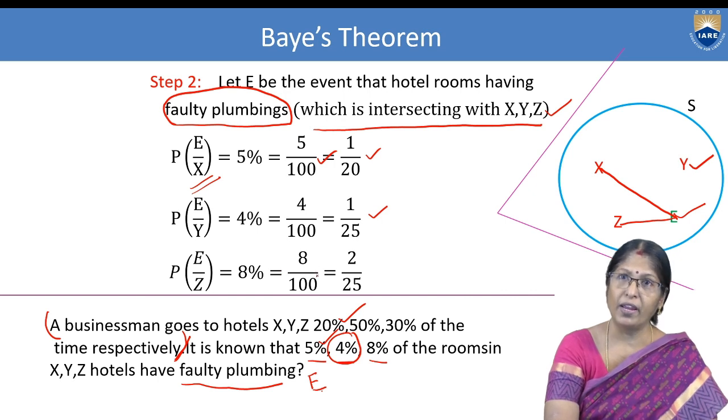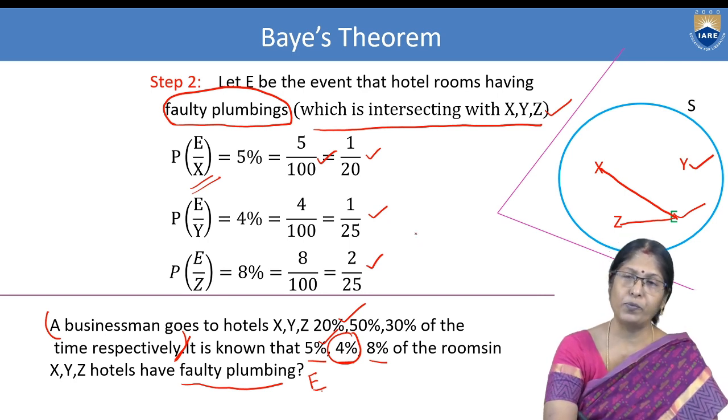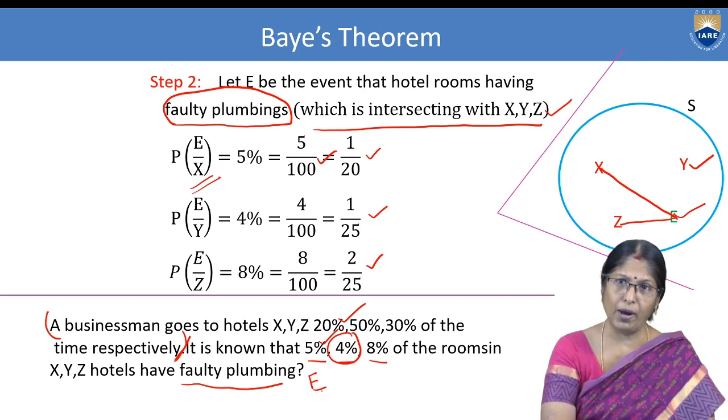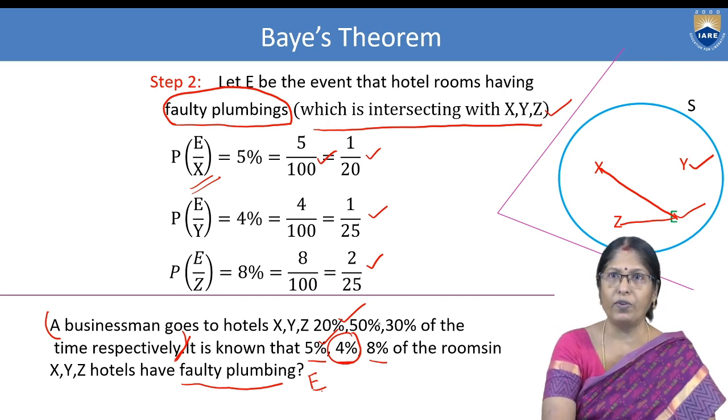It's nothing but 8 by 100, equal to 2 by 25. So step 2 is nothing but an event should come, that we give our own name. It should intersect with our main events at some percentage. That we solved in step 2. We solved it also.